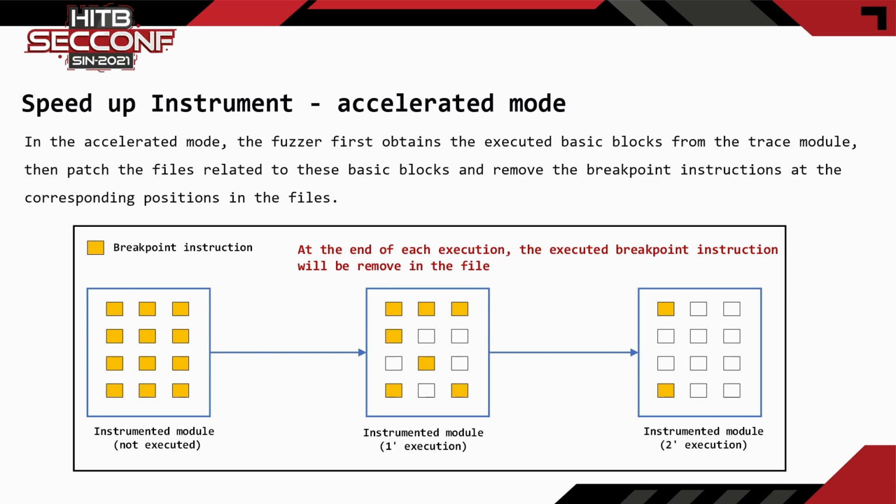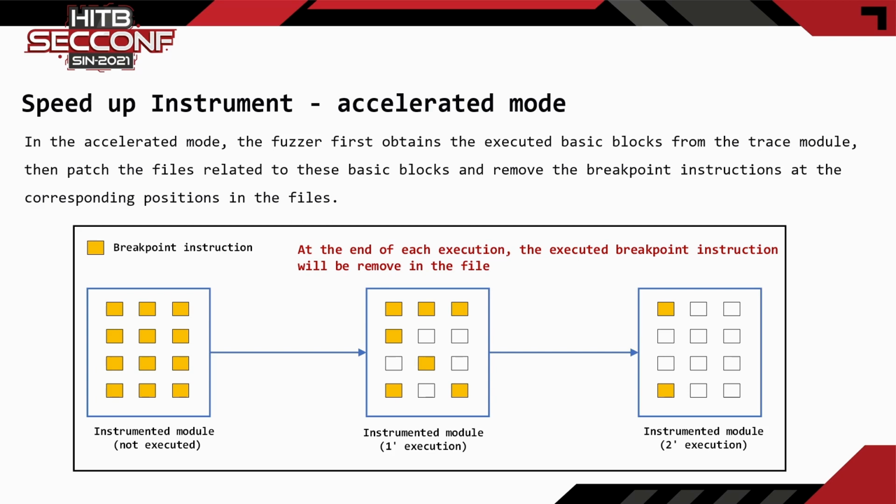As shown in the figure, the blue rectangle represents a module being instrumented. The small yellow rectangle represents a breakpoint instruction in the module. The small white rectangle represents an original instruction in the module. The first blue box indicates that when the module is instrumented, there will be a lot of breakpoint instructions in it.